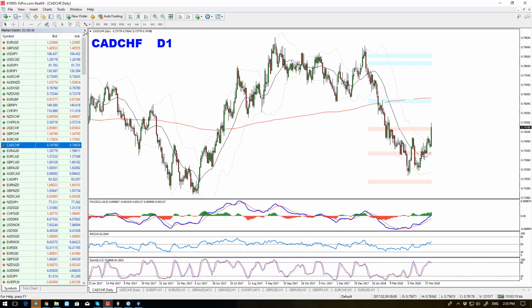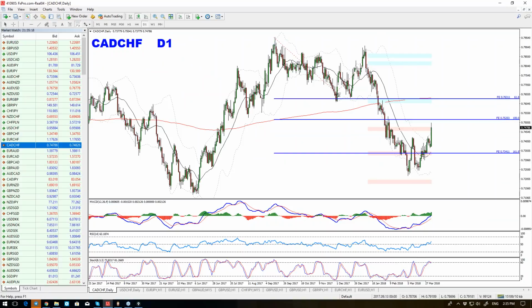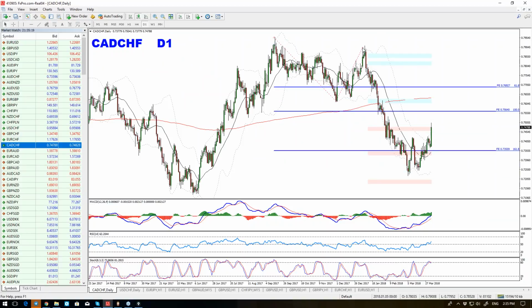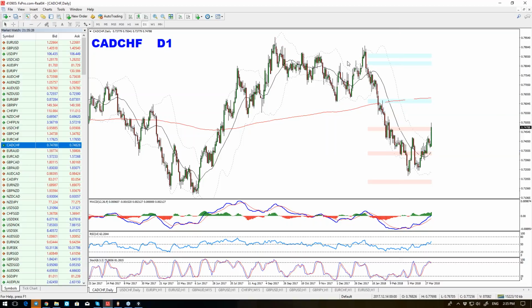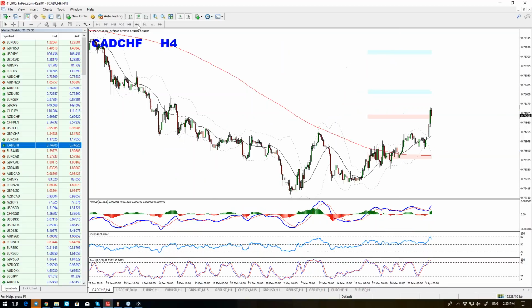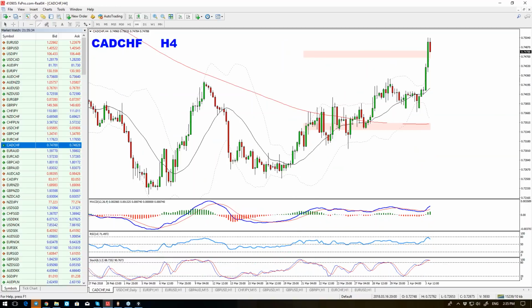And according to the daily, this is the 161.8 cycle, which we have been waiting for a while. It was dancing around, fighting, but at the end this bullish divergence made its job. So we are bullish as long as we have no signs against us. The last trigger was given to us right here.